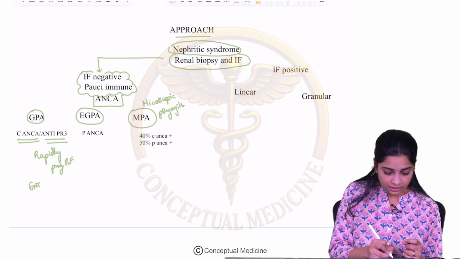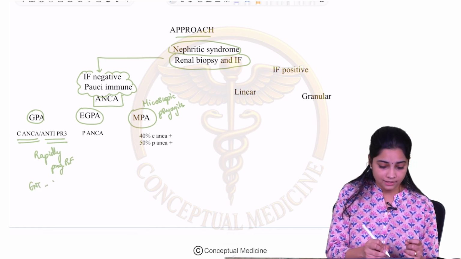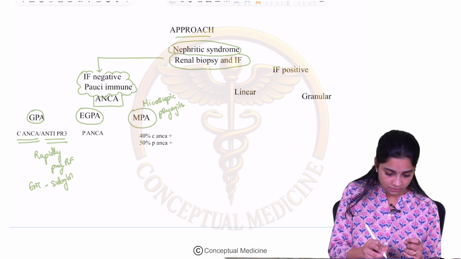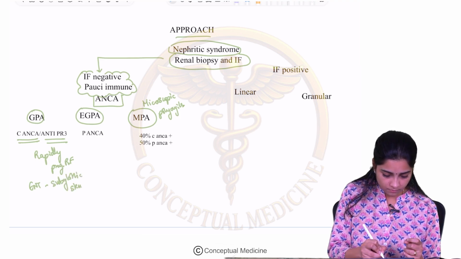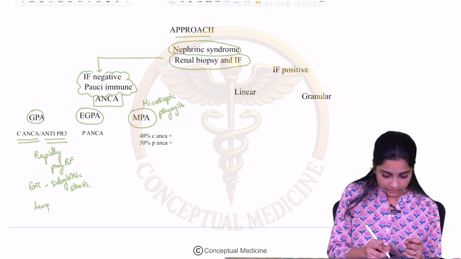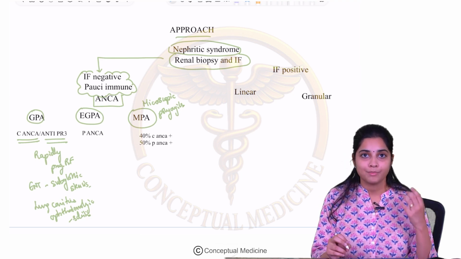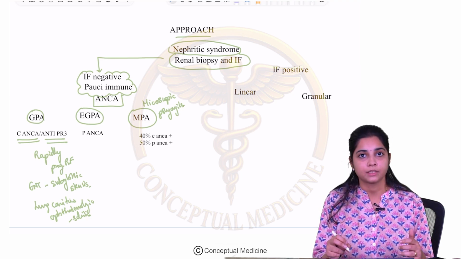It can present with ENT manifestations like recurrent sinusitis, recurrent otitis media or subglottic stenosis, and it can also have lung cavities, right? And it can also have some ophthalmologic manifestations including scleritis or space occupying lesions in the orbit.